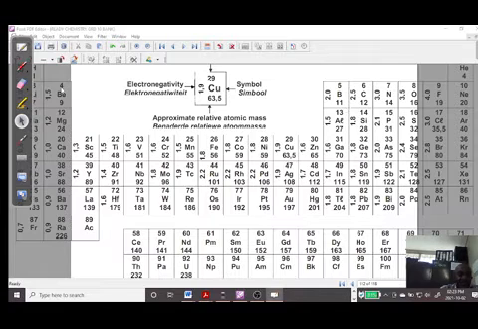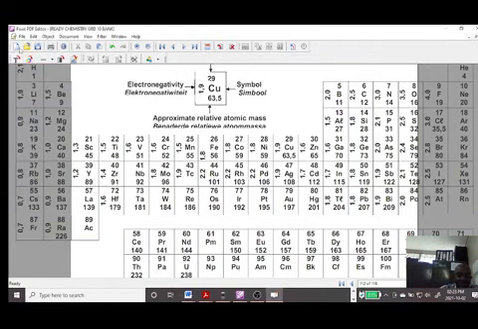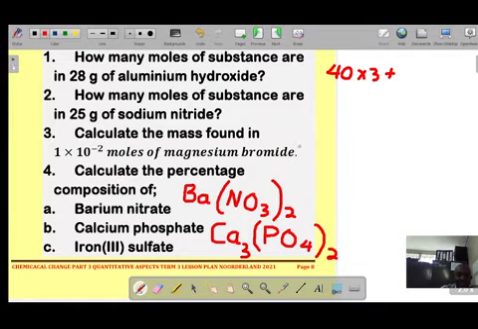Hope you've seen it. Let's take it back now. 31 here. But because of these 2 here, I'm going to say plus 2, open brackets, 31 for phosphorus. What about oxygen? Oxygen is 16, and 16 times 4.